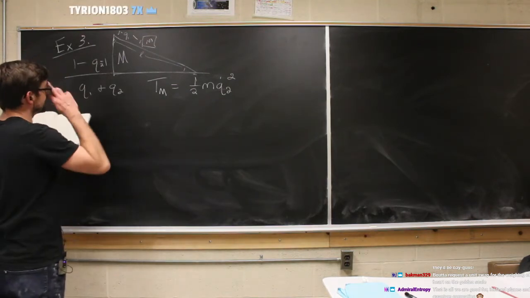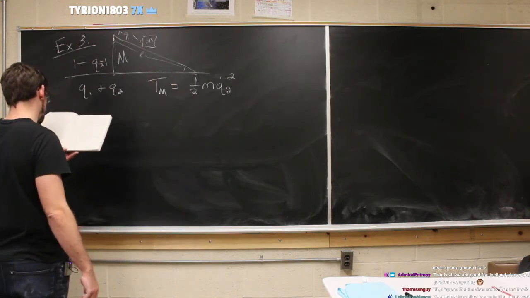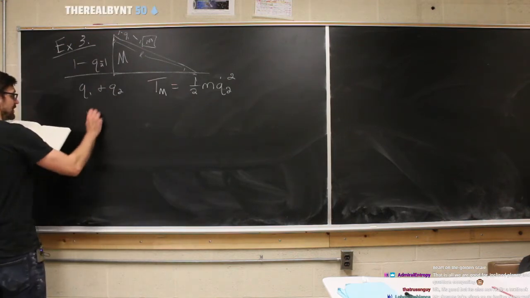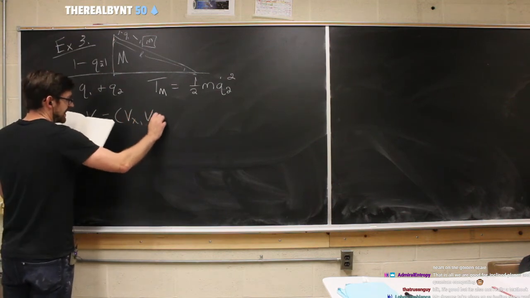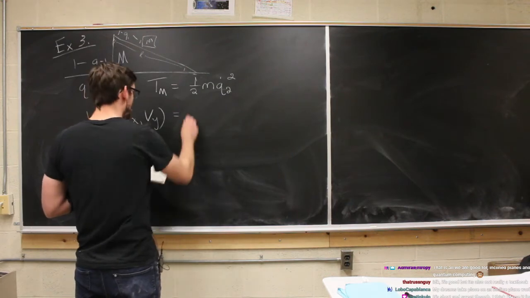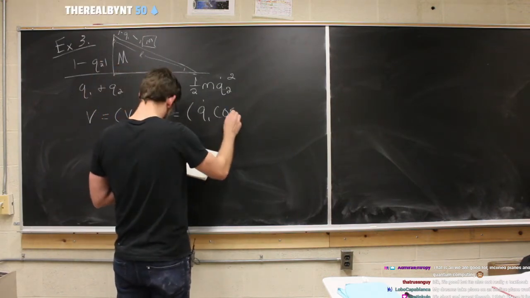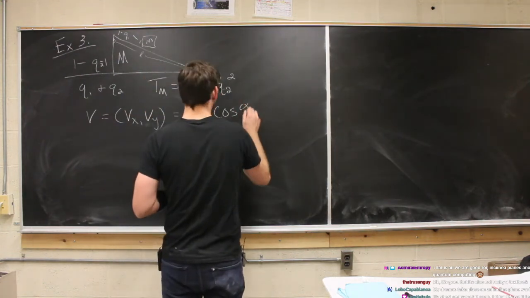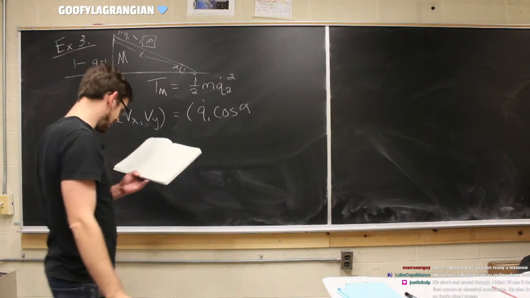But that's a different reference frame than as it's changing in reference to the table, so we have to figure that out. So relative to the table, the velocity has two components, Vx and Vy. And what are those two components? Well, we have Q1 dot times cosine of alpha. I forgot to draw alpha. Alpha is this angle right here. So for those of you who wanted alpha, there it is.